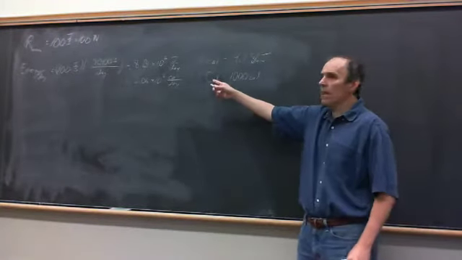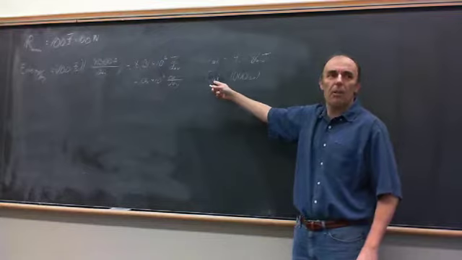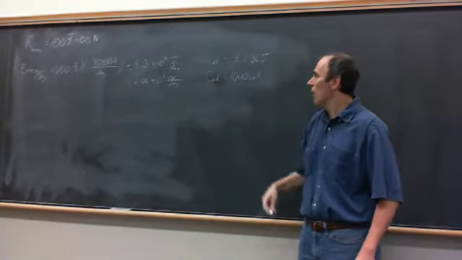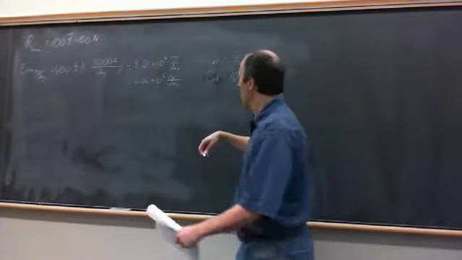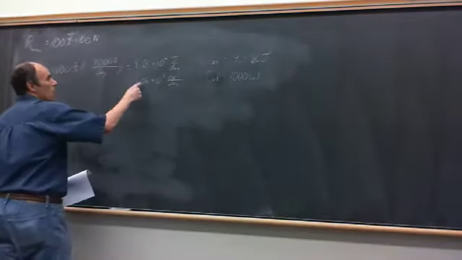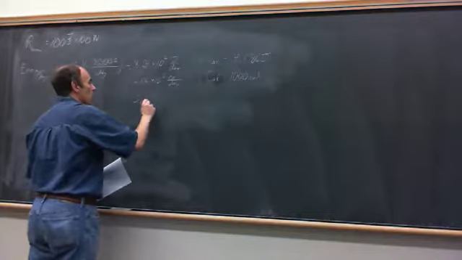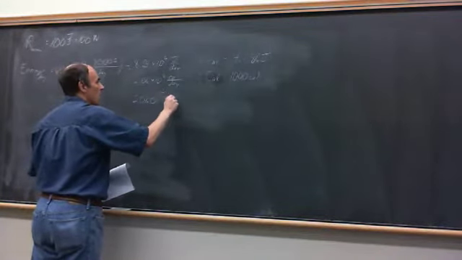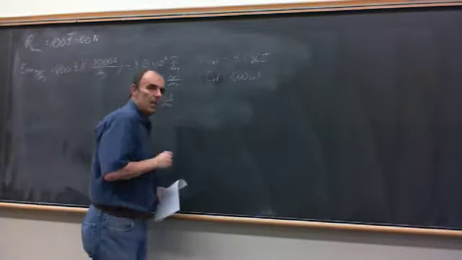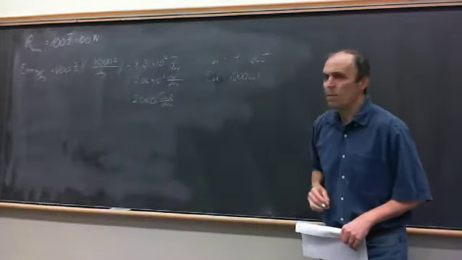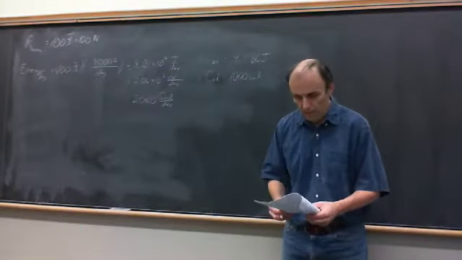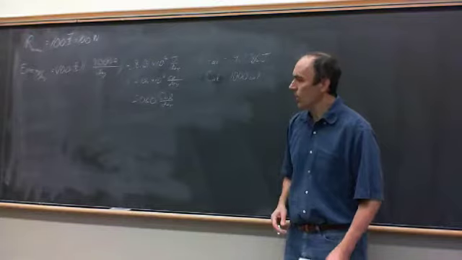But usually the big C calorie is what you see on the cereal boxes and all the other food lists. So that's a factor of 1,000. So that means you got 2.06 times 10 to the 3 of the big calories, which means 2060 calories per day. And that's about right, isn't it? About 2,000 calories is what we need to eat. So that's what we need in order to produce our metabolism.